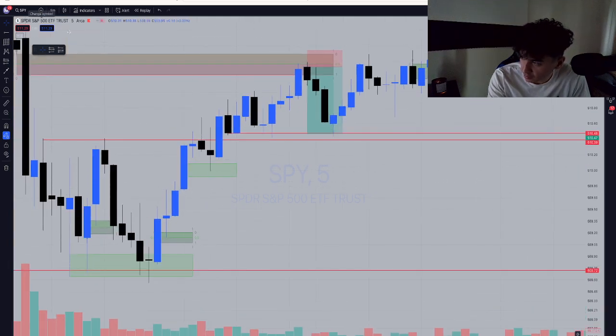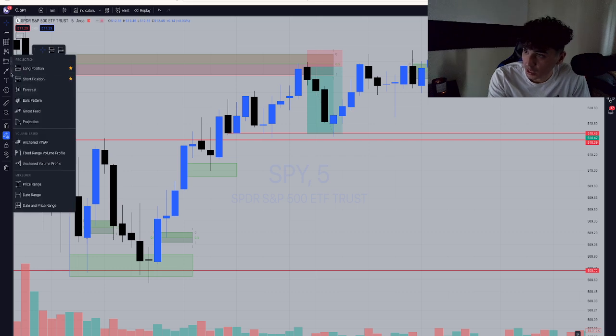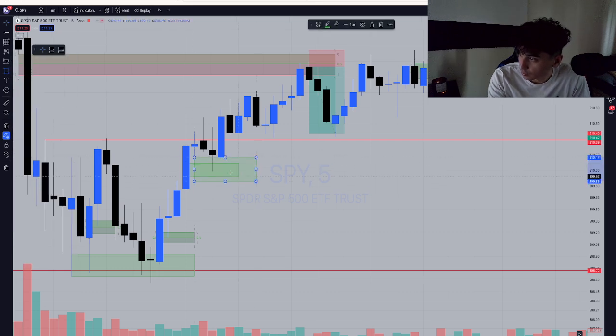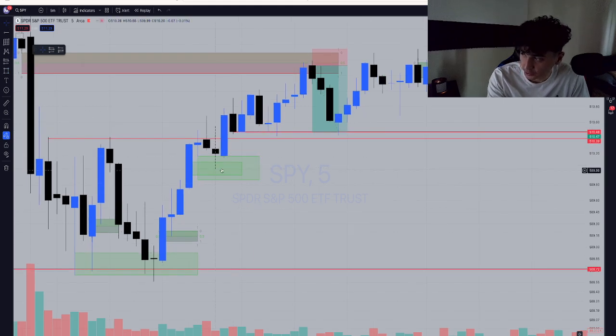Keep in mind, we're not on the 1-minute time frame, we're on the 5-minute. So we can see a gap being created between this candle and this candle. So we mark that out just how we would on the 1-minute. Boom, boom. Now you can see that our 5-minute fair value gap is pretty much mixed into our 1-minute fair value gap. They're pretty much in the same exact area.